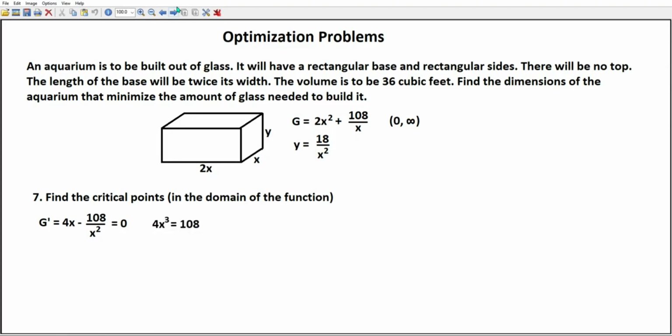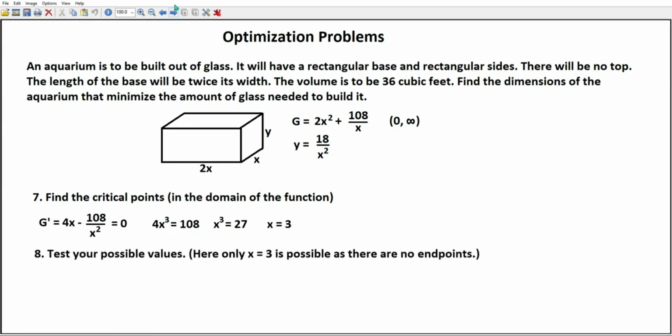We do some algebra and get 4x cubed is 108, which turns into x cubed equals 27, which is x equals 3. Next, what we want to do is check possible values and see which of them, if any, is the global minimum. And here, 3 is the only possible choice, as there are no endpoints.